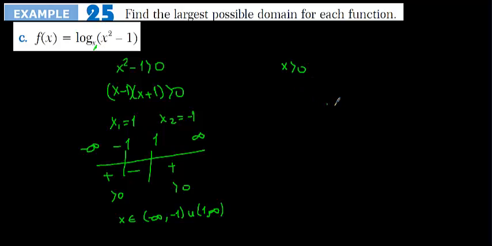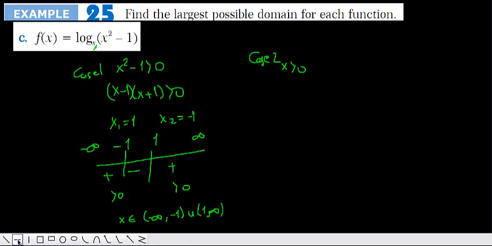Here x is greater than 0. So we are going to combine these two cases. This is case 1, and this is case 2. How are we going to combine these cases? First I am going to draw the graph of the first case: minus infinity to minus 1, which is open, and 1 to infinity, which is open.